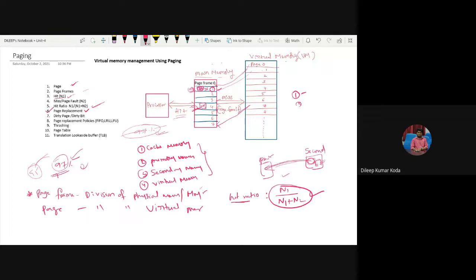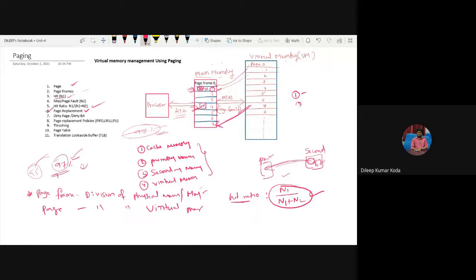There is no vacant, no empty page frame in the main memory. So your main memory is now full, and there is no empty page frame available. A page which is no longer relevant or required will be removed.